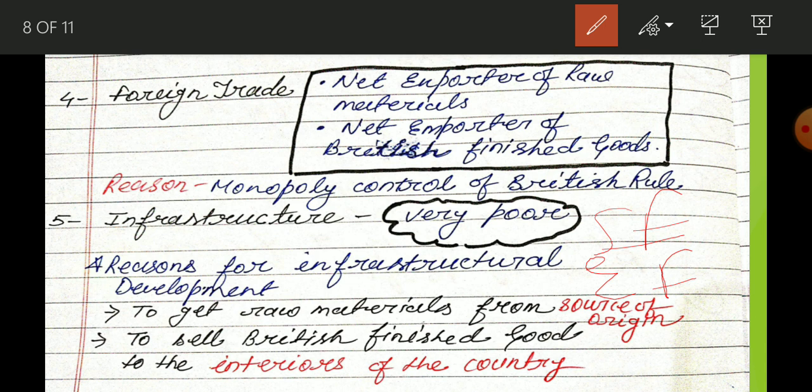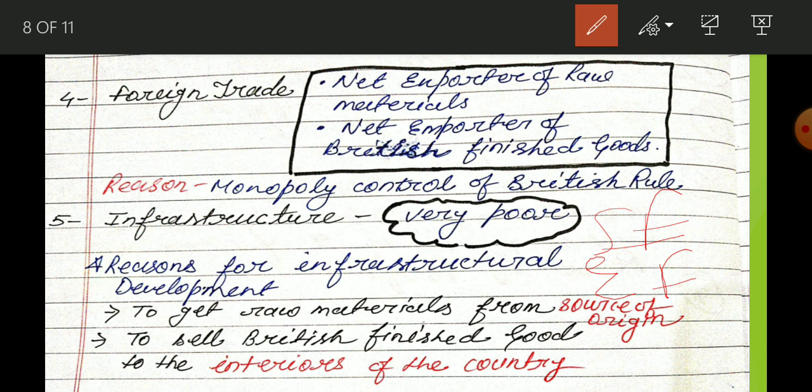So infrastructure means availability of school, college, road, electricity, flyover, dam. All these things that are important for industrial development are considered infrastructure. The availability of these economic and social factors was very poor at that time.